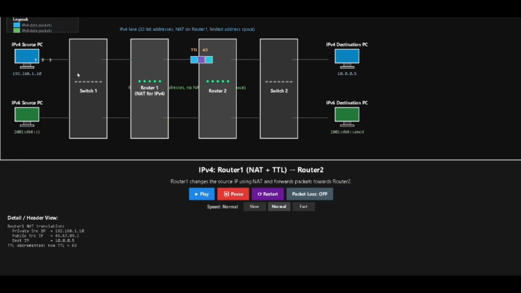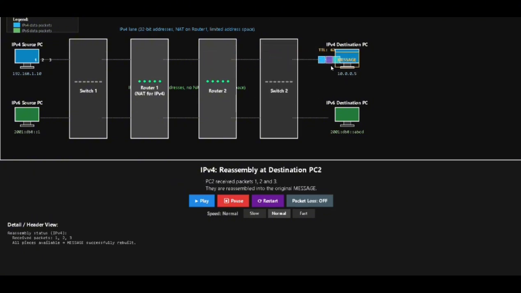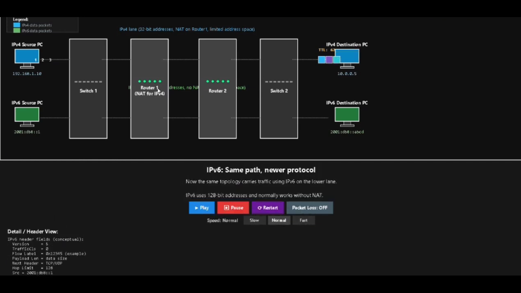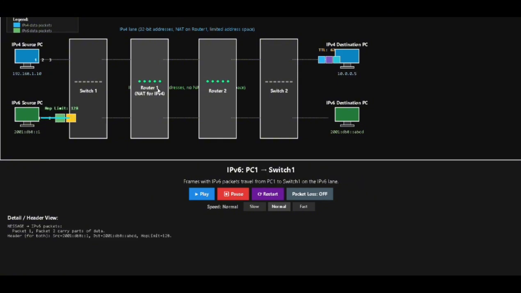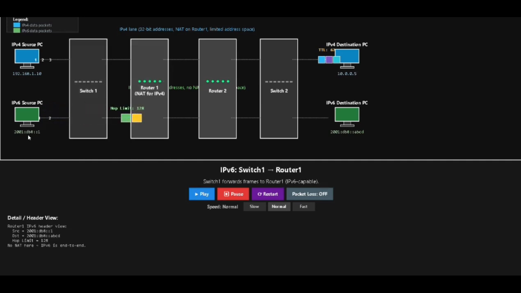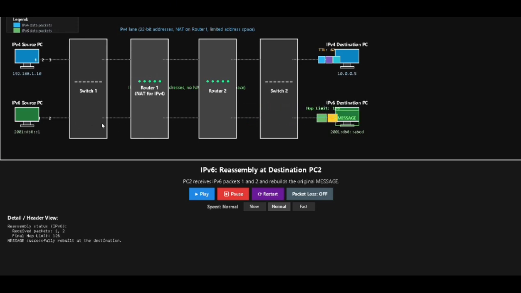The message passes from the switch to the router, to the other router, and then the switch, and is received at the destination from the source. IPv4 has around 4.3 billion unique addresses, and it requires a technology like NAT, where multiple devices inside a network share a single public IP address, which helped extend IPv4. IPv6 doesn't require NAT because it has vast addresses compared to IPv4.